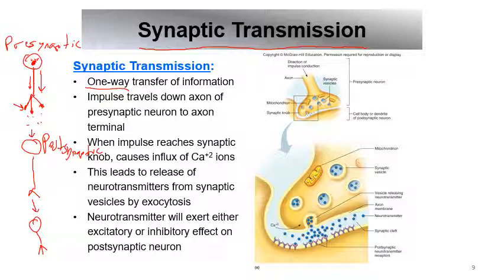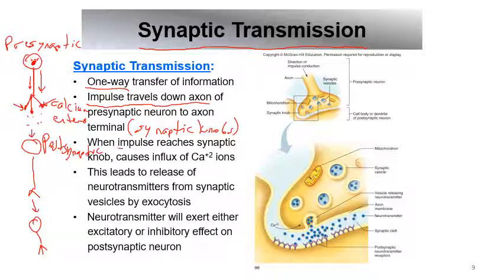Okay, so this is what this second part is saying. Impulse travels down the axon of the presynaptic neuron to the axon terminal. Again, the other name for the axon terminal is the synaptic knob. When the electrical signal comes down, this is going to cause first, so there's a step in between. First, calcium has to enter the synaptic knobs. Then the neurotransmitters can get released.